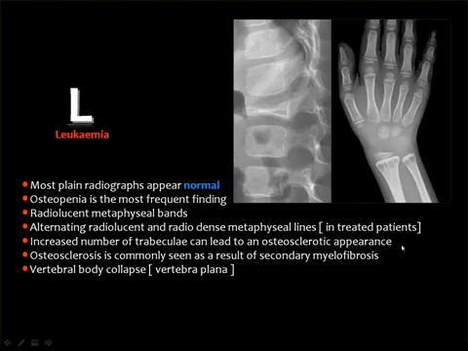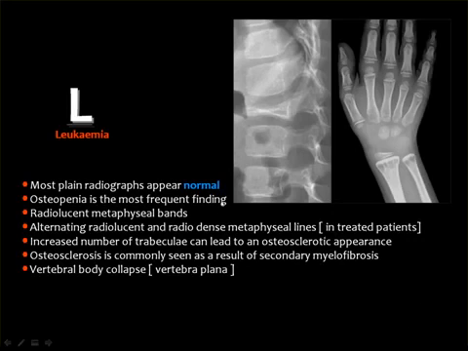But if you know beforehand that this patient is known to have leukemia, then you may say that these changes can fit for the diagnosis of leukemia. What are the changes?